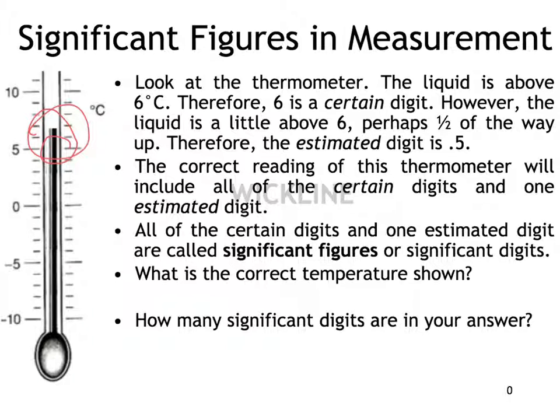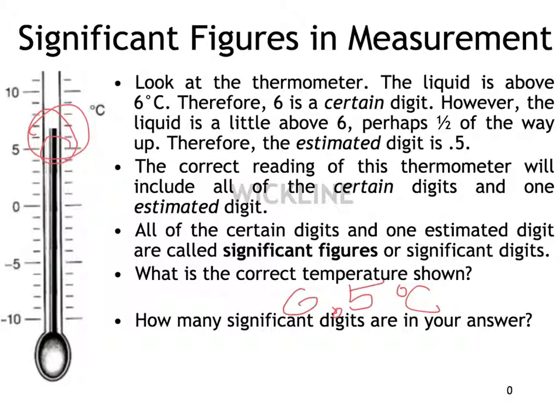But just keep in mind that if you don't have any marking there to really give you 100% certainty of what it is, then you probably need to go with whatever's in the middle. In this case, 0.5. So the correct reading that I'm going to give is 6, which is what I'm certain of, 0.5, and that's my estimate, degrees Celsius.